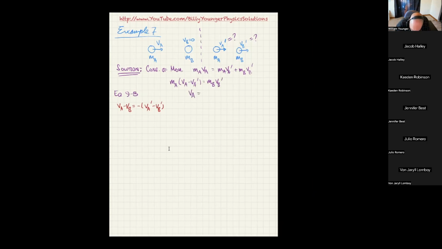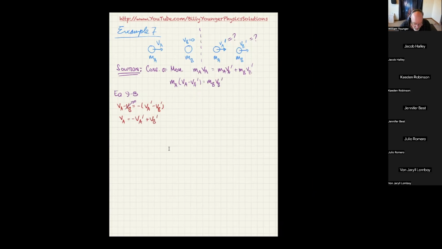I'll keep on working it in red. That way it won't be so confusing. So VA is equal to negative VA prime plus VB prime.